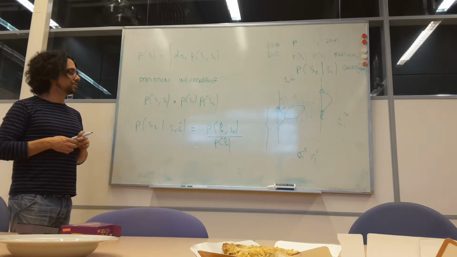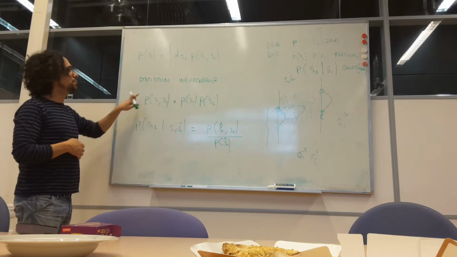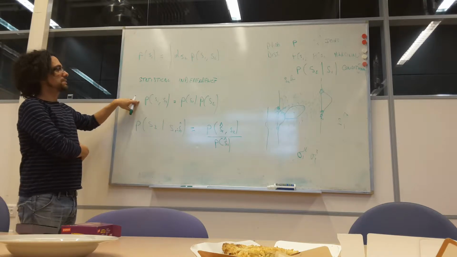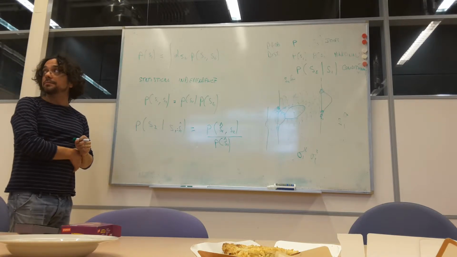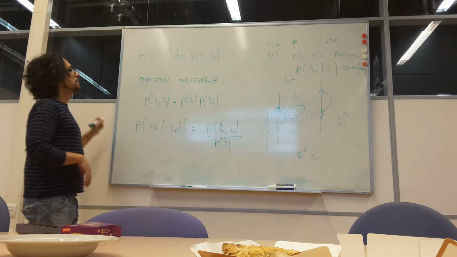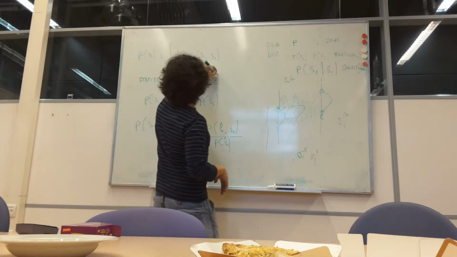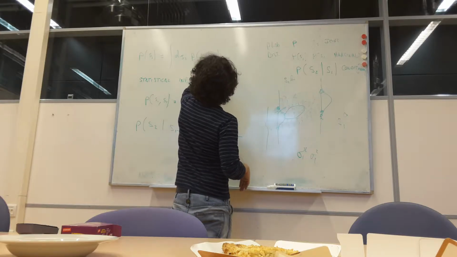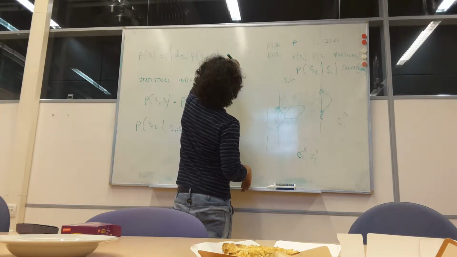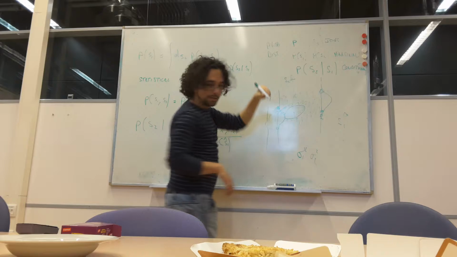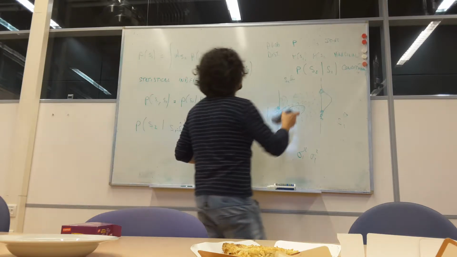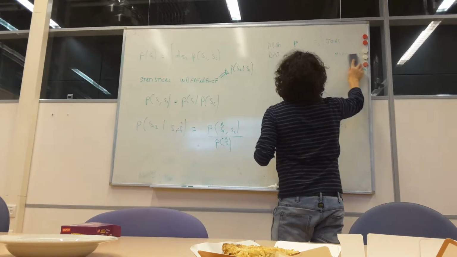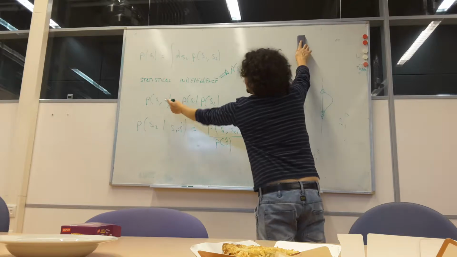Okay, so now you can understand statistical independence. In the case of statistical independence, who is P of S2 given S1? Well, let's use this formula.